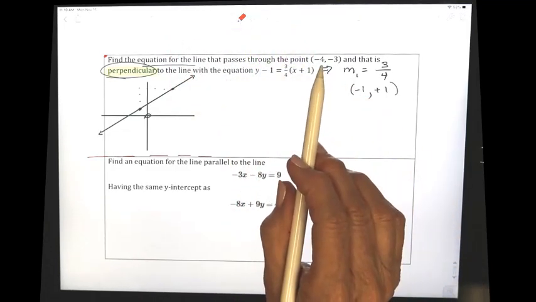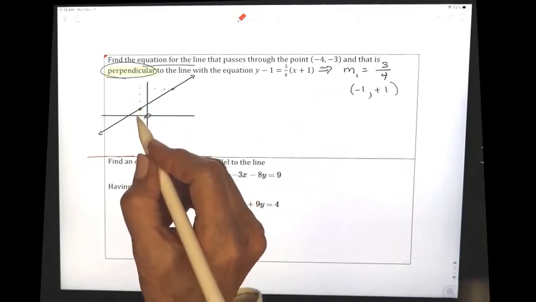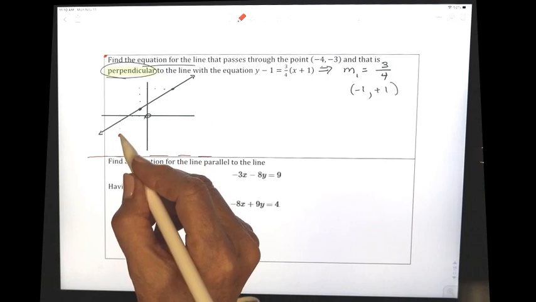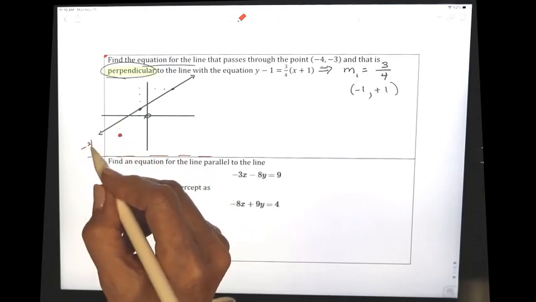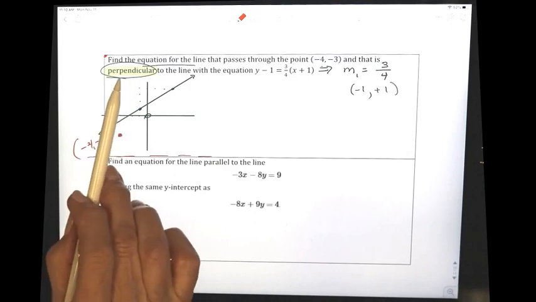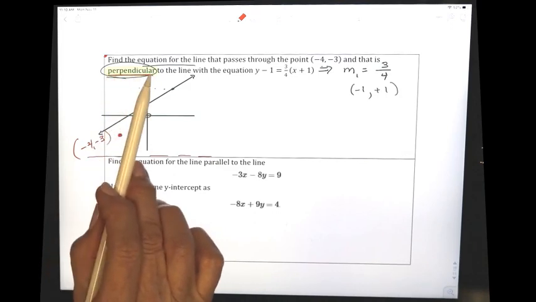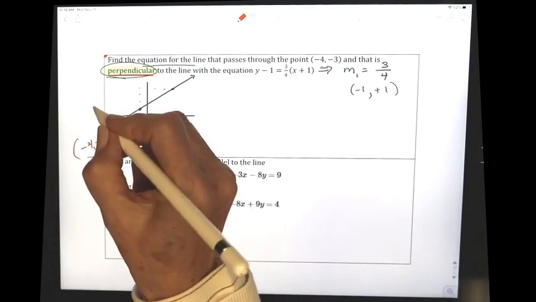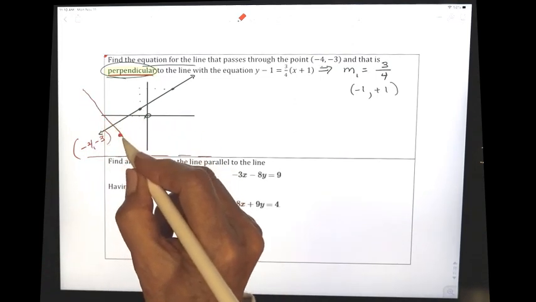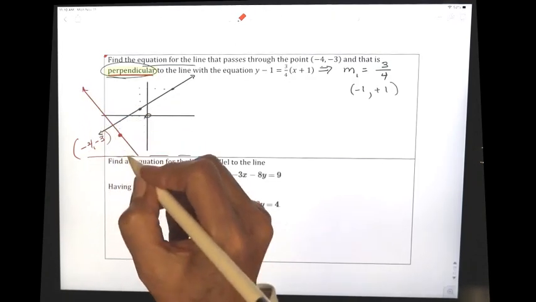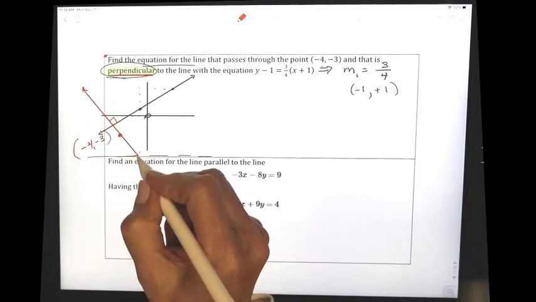All right, so now I have this point, (-4, -3). 1, 2, 3, 4, 1, 2, 3. It looks something like that. And I'm trying to figure out an equation for a line that passes through this point and runs perpendicular. So my rough sketch looks something like that. Here's my 90-degree angle.